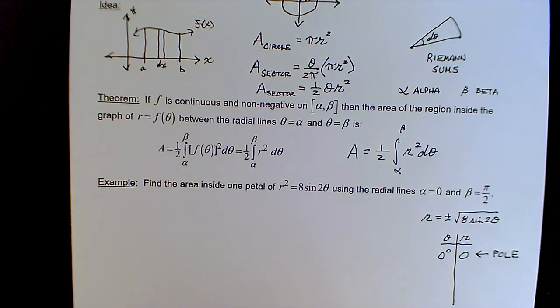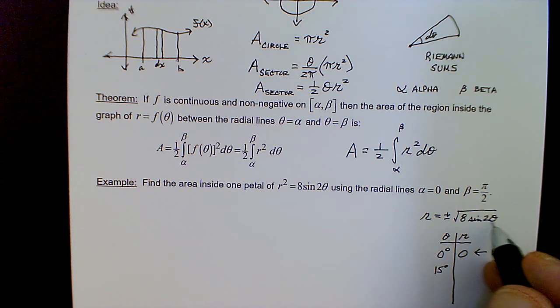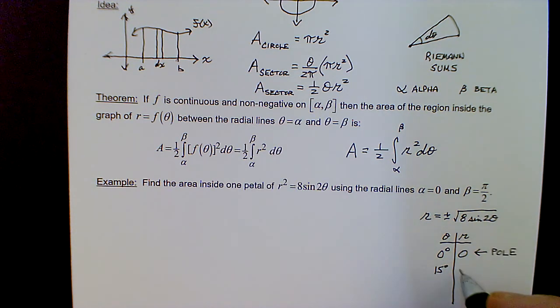So you're going to want to find these poles, and what you would do is go through and graph the function, maybe pick 15 degrees, because you want the 2 theta to be a multiple of 30. You come up with plus or minus 2. And you go through and make a list of all the ordered pairs, and once you get to 90 degrees, that's when you get another 0 or another pole.